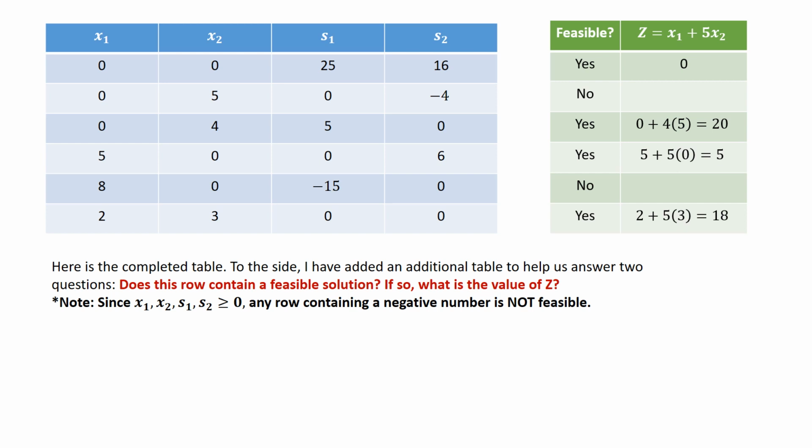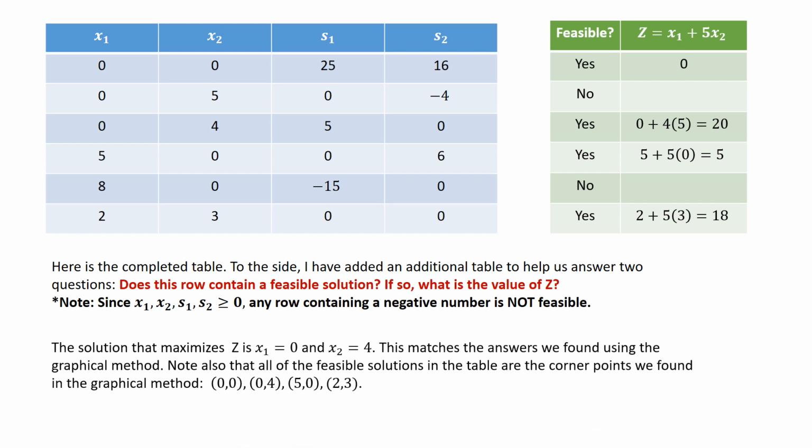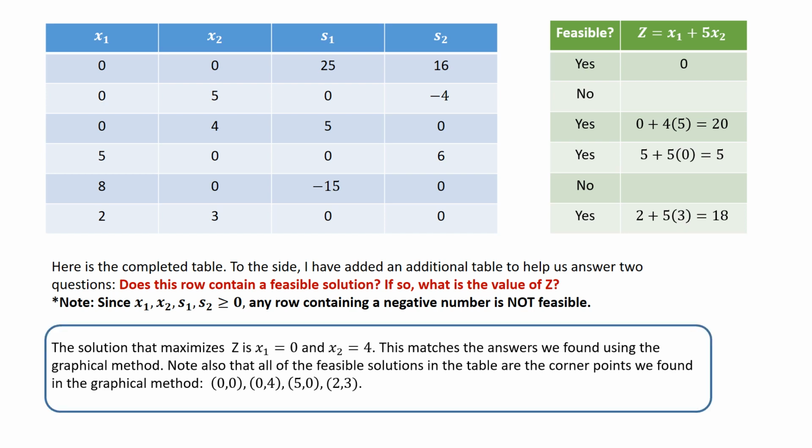The last row is a feasible solution, so I use 2 and 3. I input them into z, and I get 18. So the solution that maximizes z is x1 equals 0 and x2 equals 4. This matches the answers we found using the graphical method.